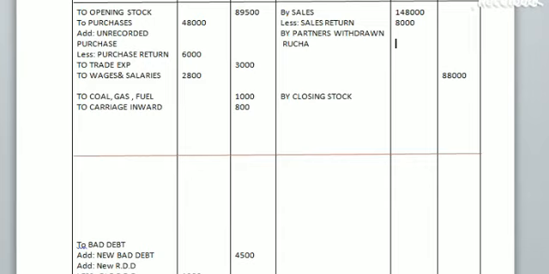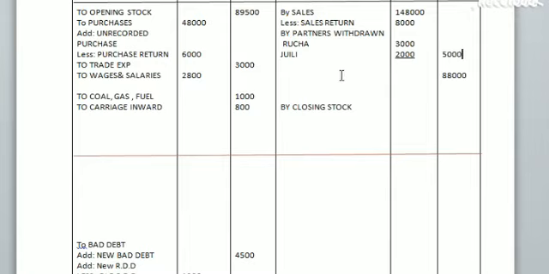Rucha has withdrawn 3,000 rupees and Julie has withdrawn 2,000 rupees. Therefore, the total drawing of the partners is 5,000 rupees. We will write in outer column.